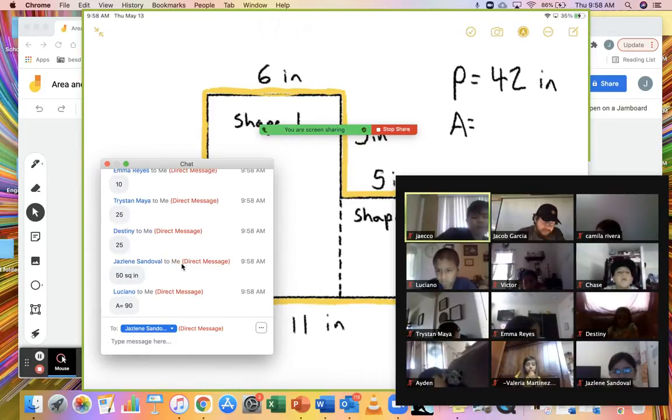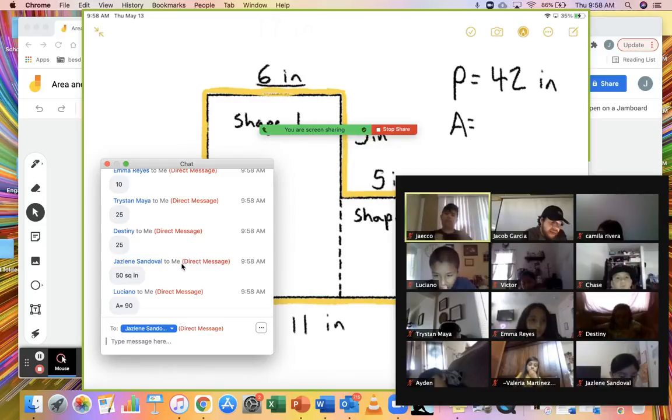So, what we're doing is we multiply our base times height. Our base can be any side, while our height just needs to be a side that is perpendicular, like this. This is one side, the other side is like this. Okay?